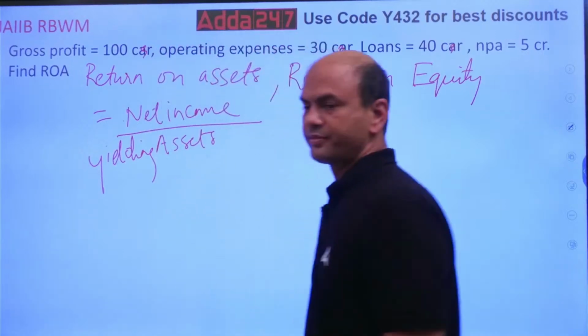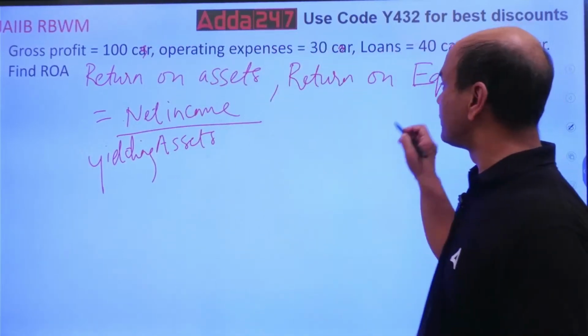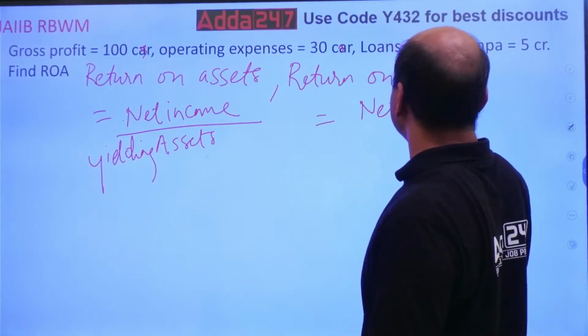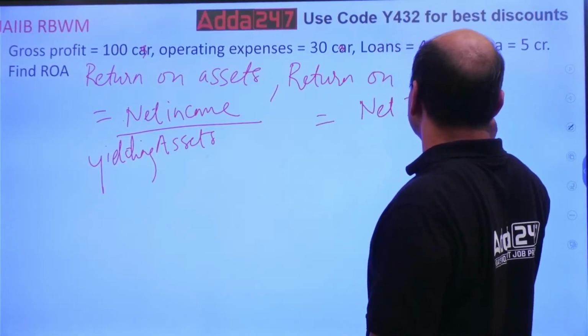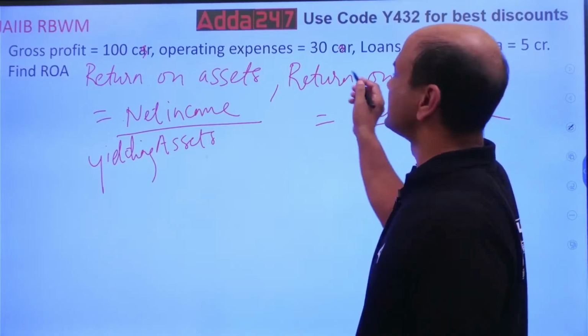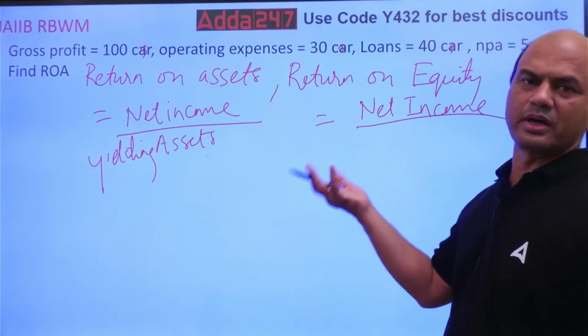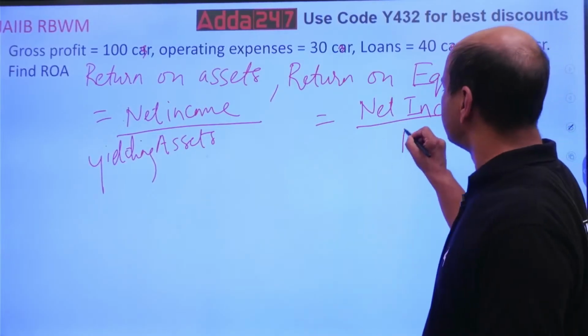And what is the formula for ROE? Net income upon equity. This is not asked in this problem, but I'm giving it because it might be required in the exam. In the exam, they might ask you ROE also, upon equity, share capital.